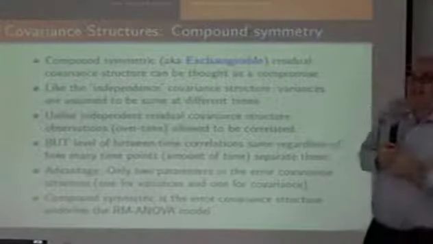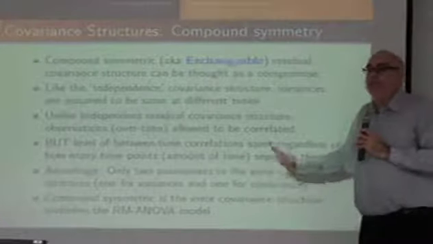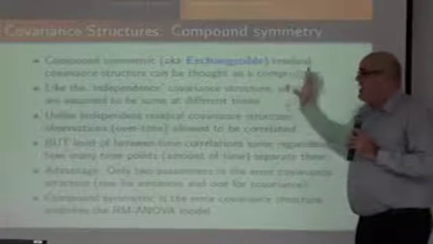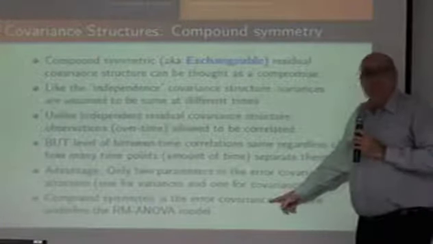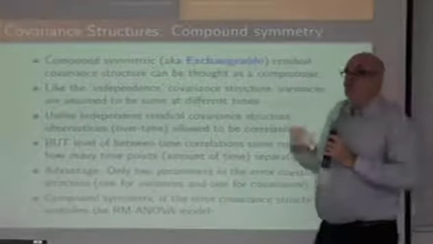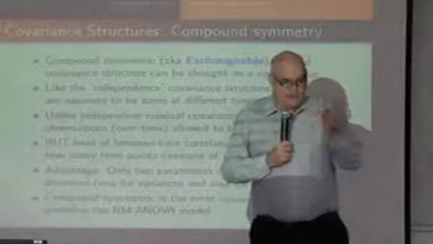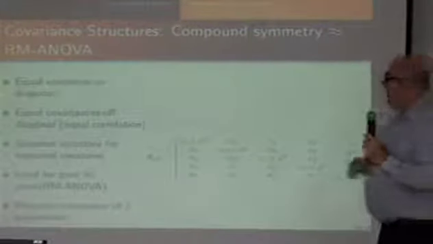And compound symmetry is the error covariance structure that underpins repeated measures ANOVA. So if I run a linear marginal model with the compound symmetric residual covariance structure, I'm really sort of running a repeated measures ANOVA, or something very similar to it. What does it look like?